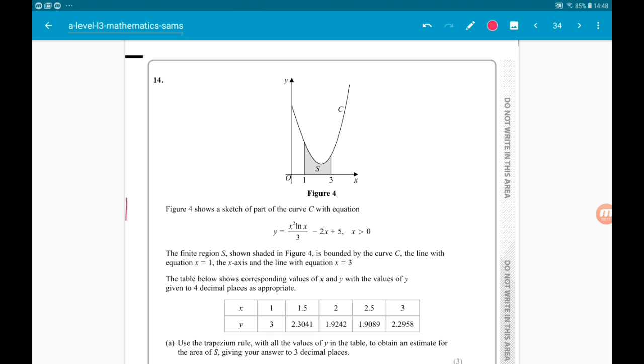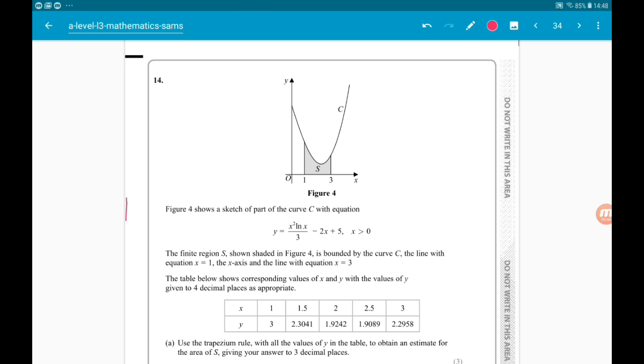Number 14, figure 4 shows a sketch of part of the curve C with equation y equals x squared log x over 3 minus 2x add 5, where x is greater than 0. The finite region S, shown shaded in figure 4, is bounded by the curve C, the line with equation x equals 1, the x-axis, and the line with equation x equals 3.